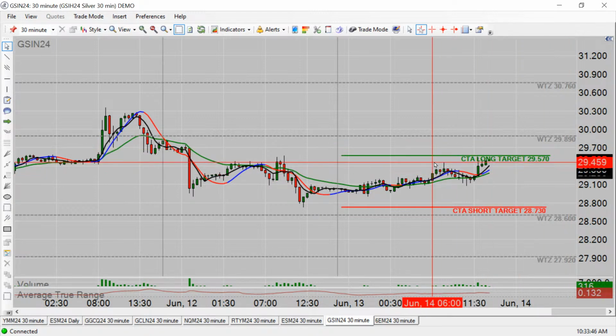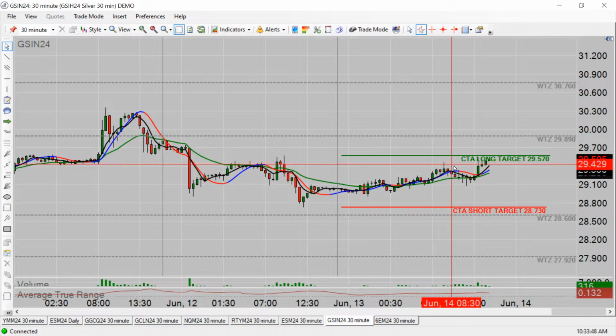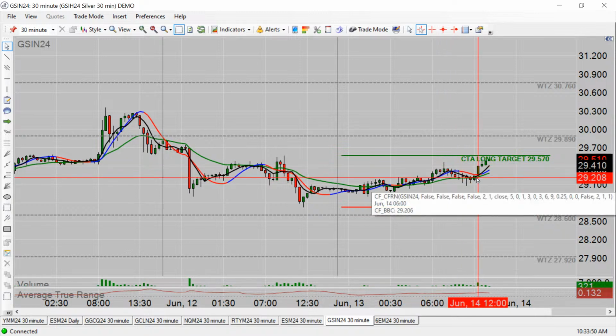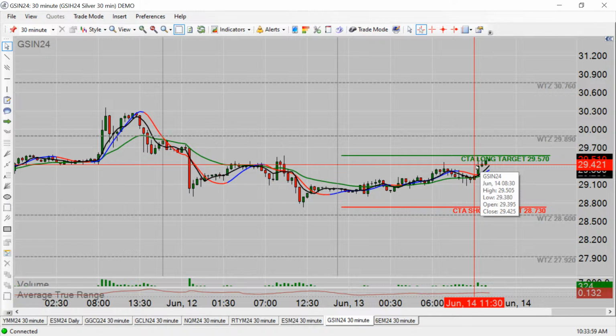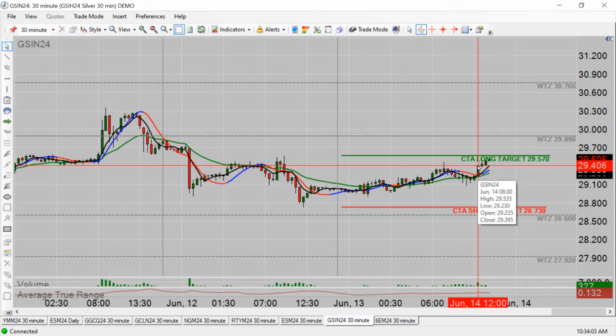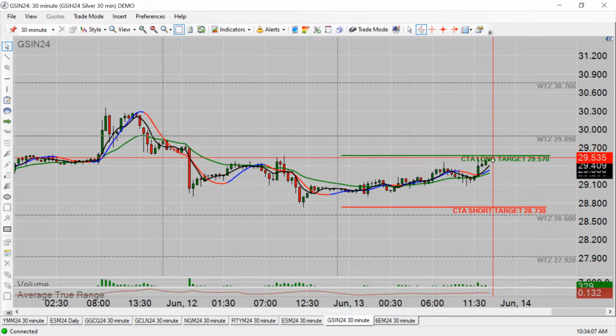So we ran into resistance here, sent us back to support at the BBC, and that gave us a rally up to 29.53 and a half. So we didn't quite make it to the target.